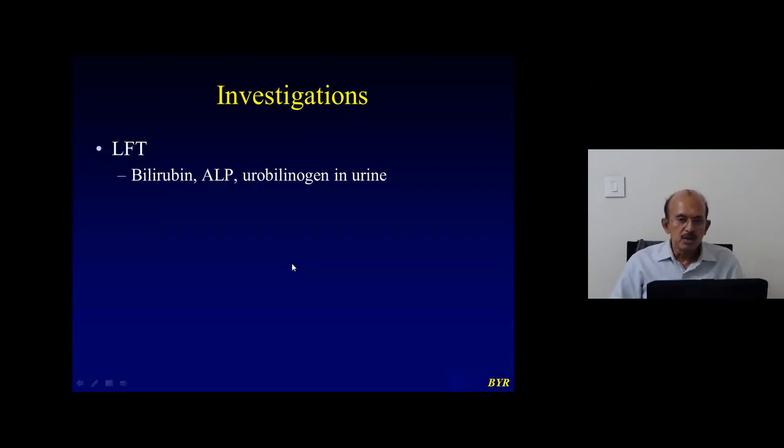That's why you must do the investigations for jaundice. So what type of jaundice does the patient come with in carcinoma of the head of the pancreas? Yes, very good.